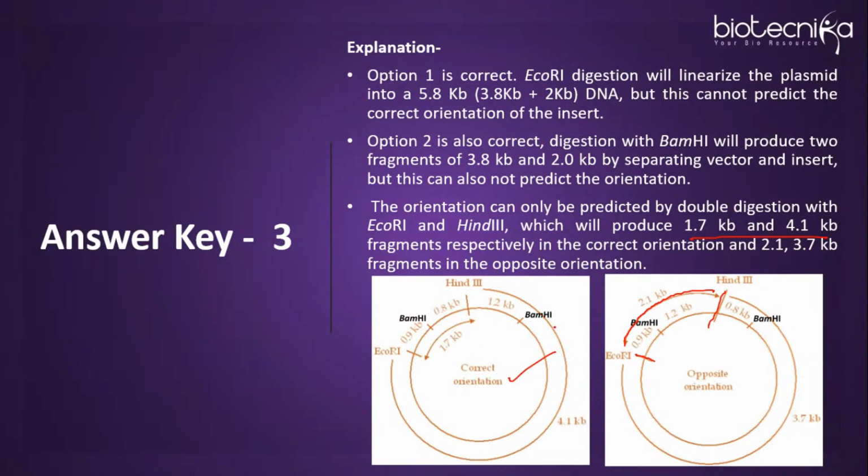But in the question, you don't have to find the answer according to the correct orientation. You have to find the answer according to the opposite orientation, right? And therefore, the answer is option 3. So my point is, go through the question carefully. These words, correct, incorrect, true, not true, mentioned in the question are very important. Pay attention to them.